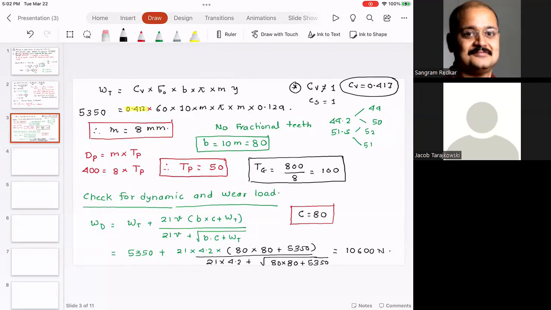Okay, what is the page number? 1040. Value of C, the deformation factor.